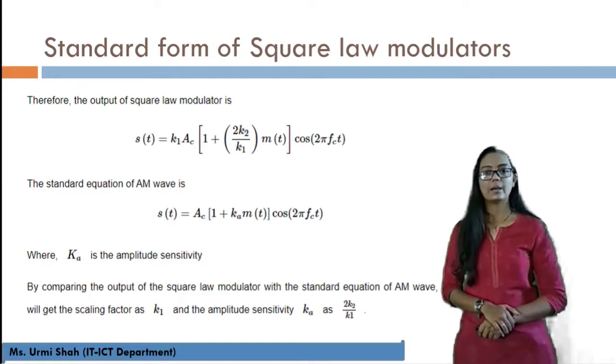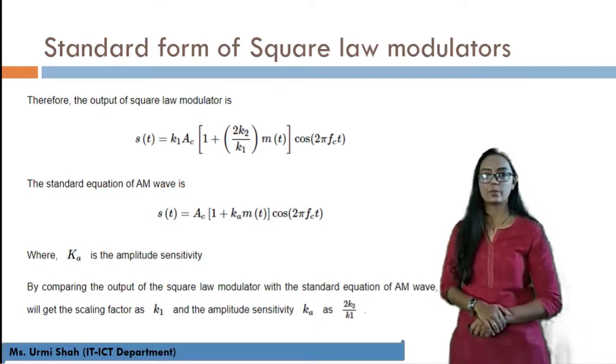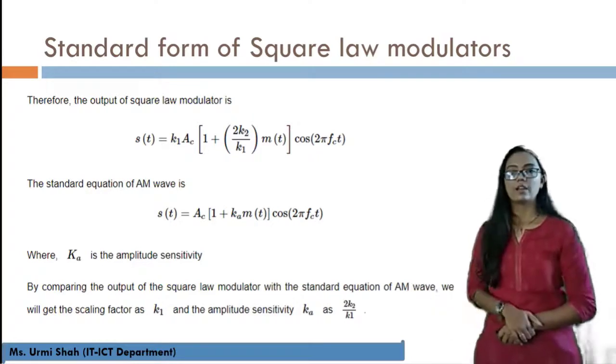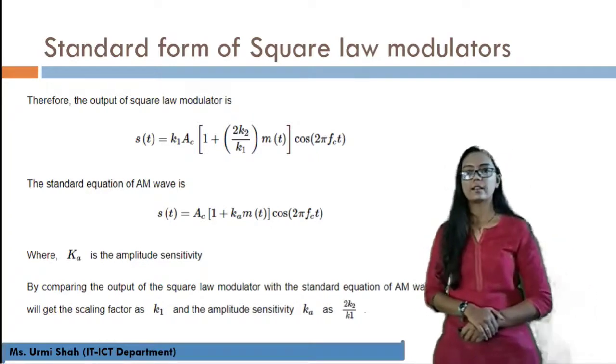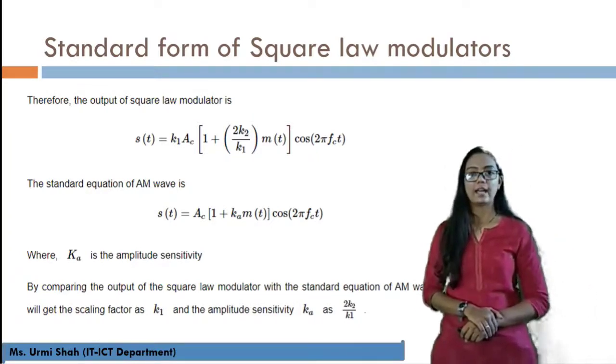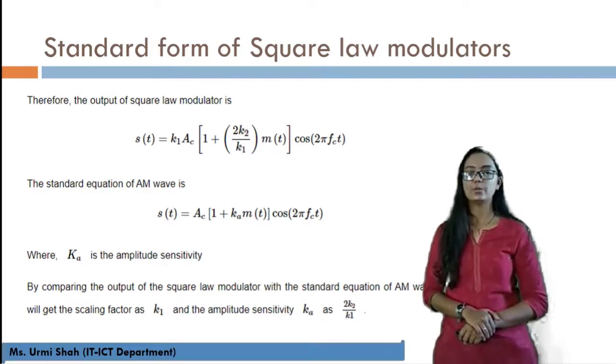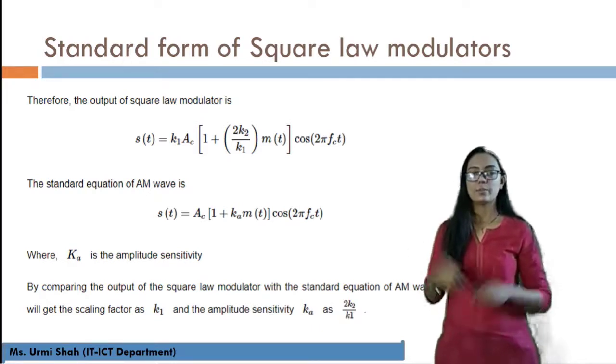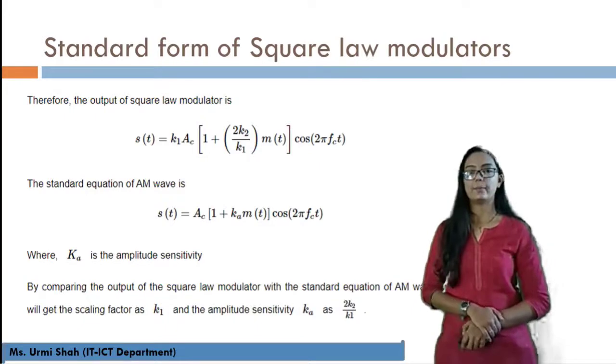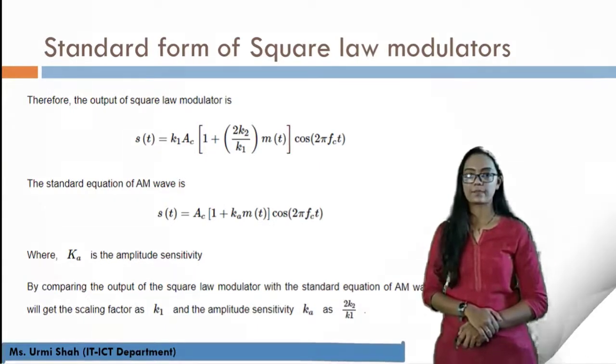Whenever we compare the output of the square law modulator with the standard equation of the AM wave, we get the factor K1 and the amplitude sensitivity factor Ka equal to 2K2 by K1. So this is our scaling factor K1 and amplitude sensitivity factor Ka. This we can observe by comparing it with the ideal amplitude modulated signal.